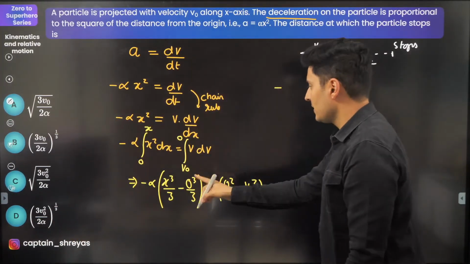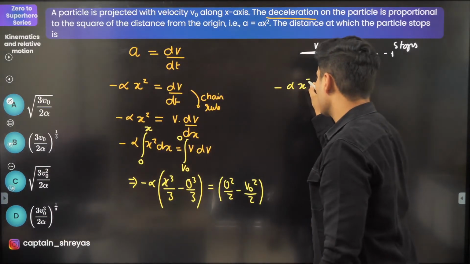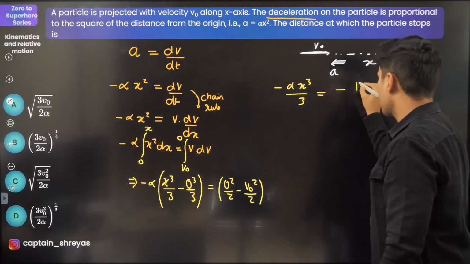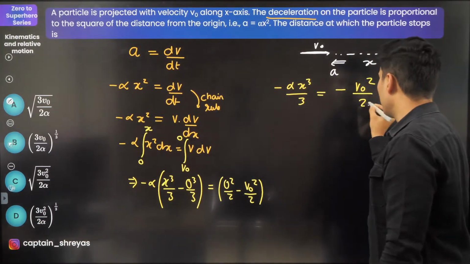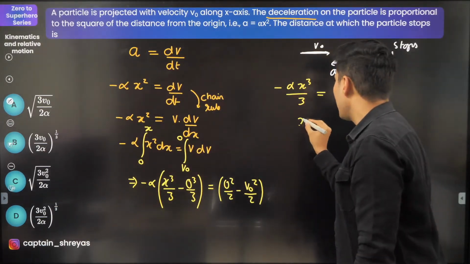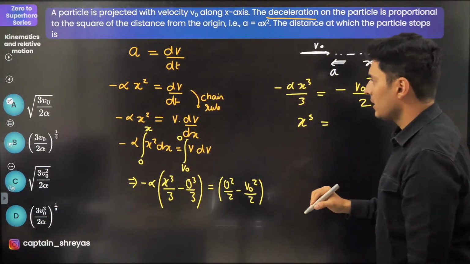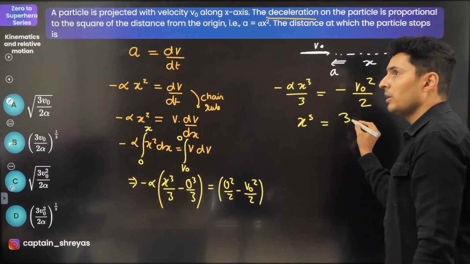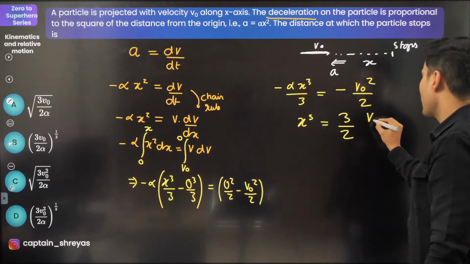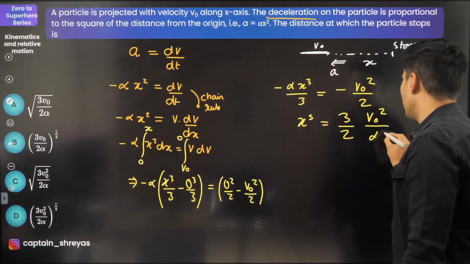We get minus alpha x cube by 3 is equal to minus v naught square divided by 2, minus minus go. I need to find distance, so x cube will be nothing but 3 goes on the top, 2 comes below, v naught square on the top and alpha below.